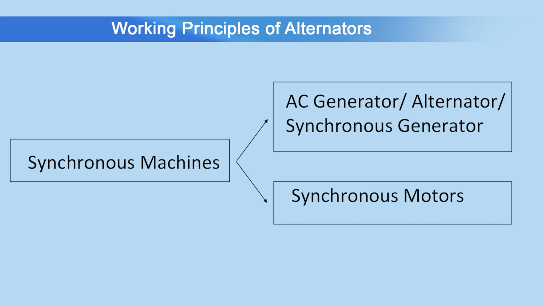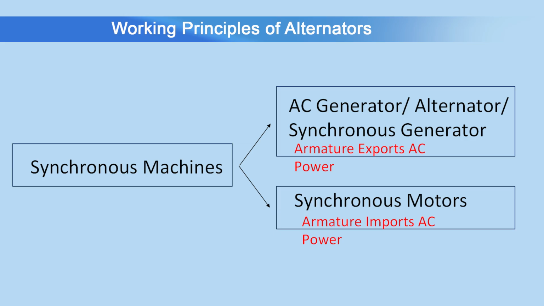Whatever may be the prime mover, it may be steam driven, water wheel, Pelton turbine, Francis turbine, or the shaft may be rotated by diesel engine. It hardly matters. We are rotating the shaft of the alternator, and the armature is exporting AC power.